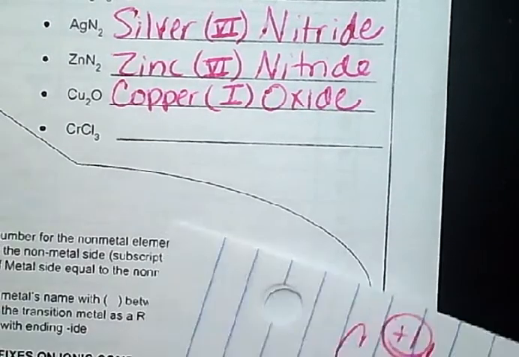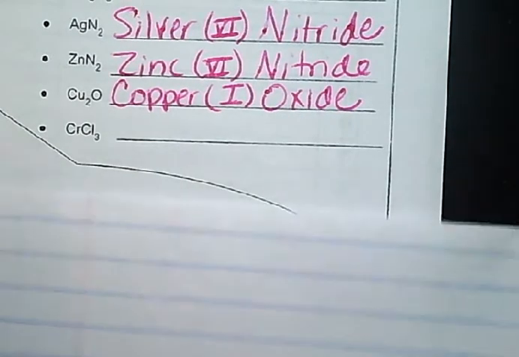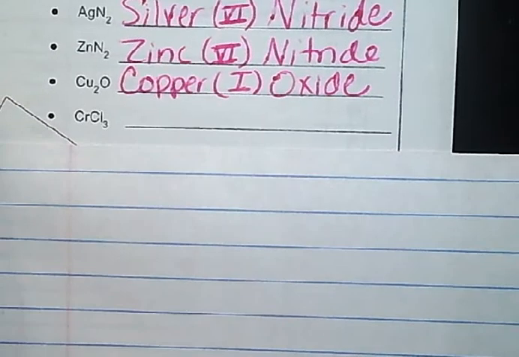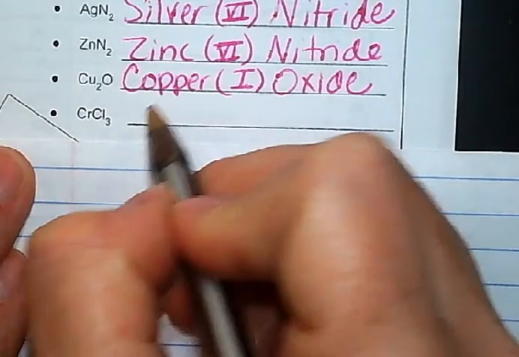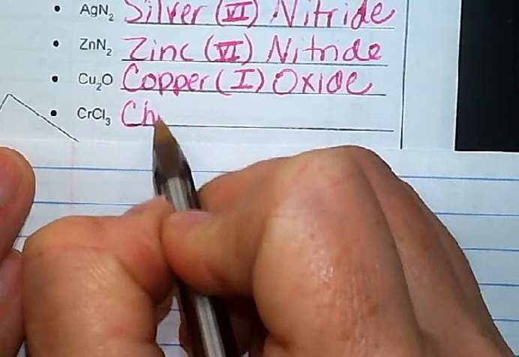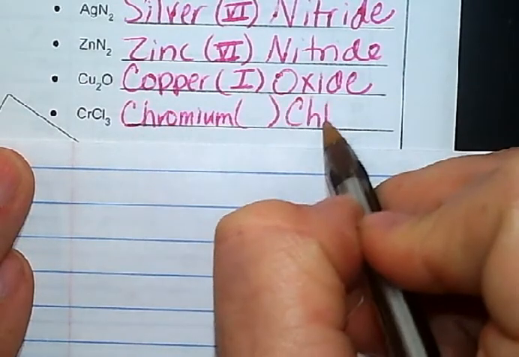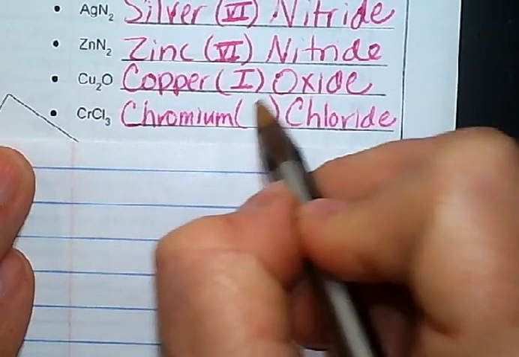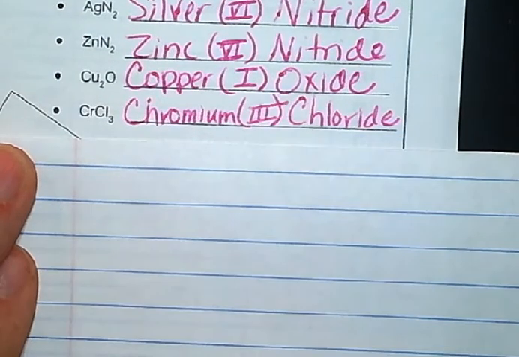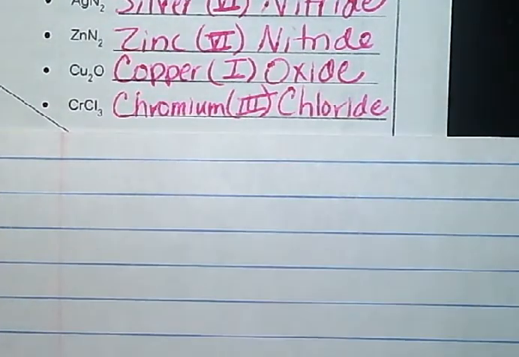And the last one like this that we're going to do together. What you got? Very good. You've already solved it. It is a 3, because chlorine is a -1. If you think through this and you've drawn that little cross thing so many times and you put it to the side, your brain automatically starts recognizing those patterns.